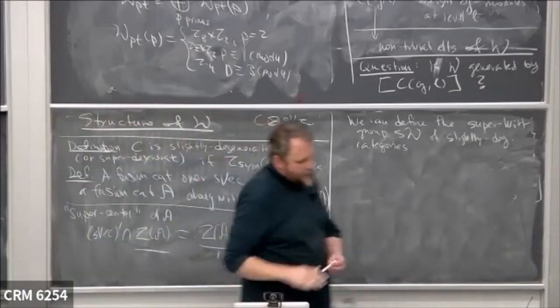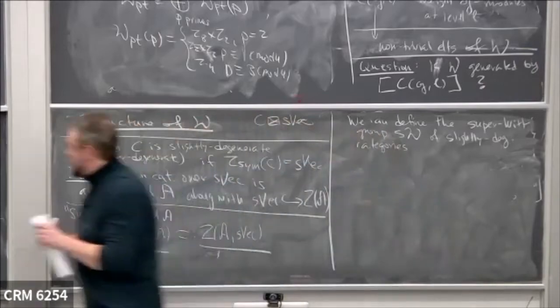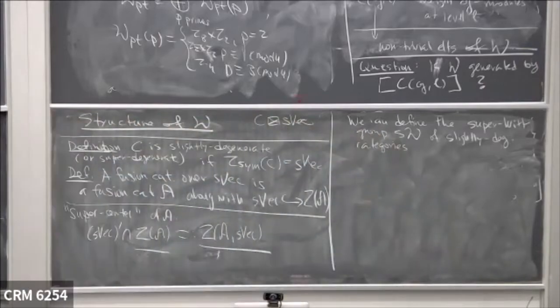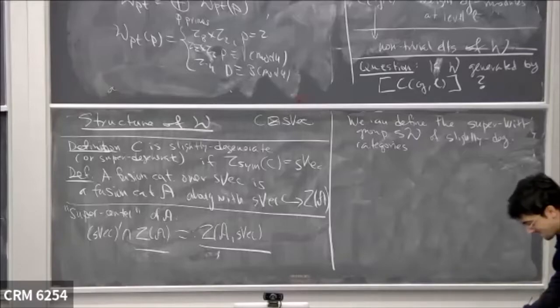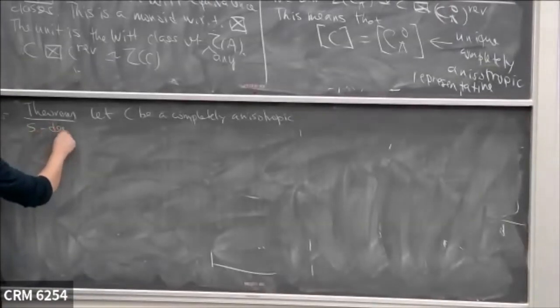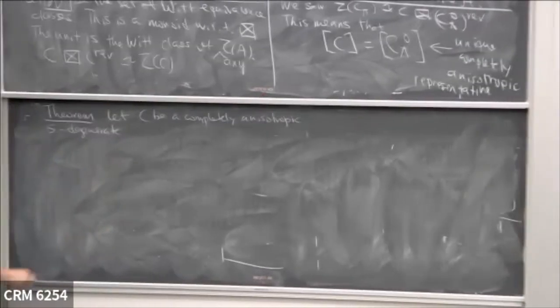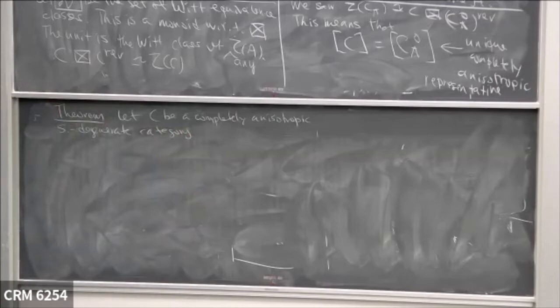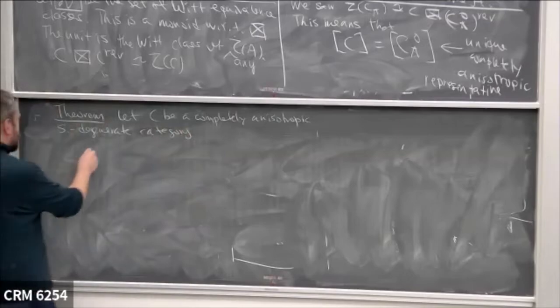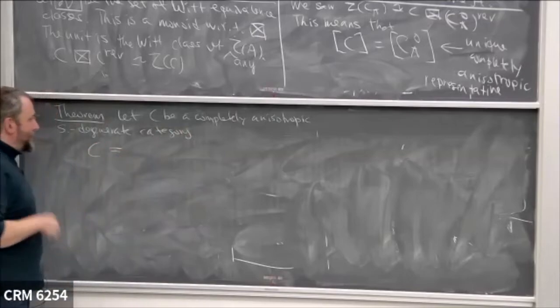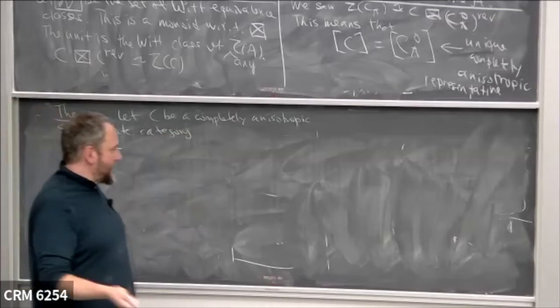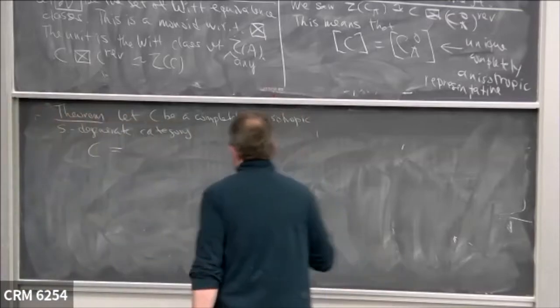So namely, we have the structural result. Let C be a completely anisotropic, slightly degenerate, super degenerate category. Then there is a decomposition of C into a direct product. Now, direct products here will be taken over the category of supervector spaces.